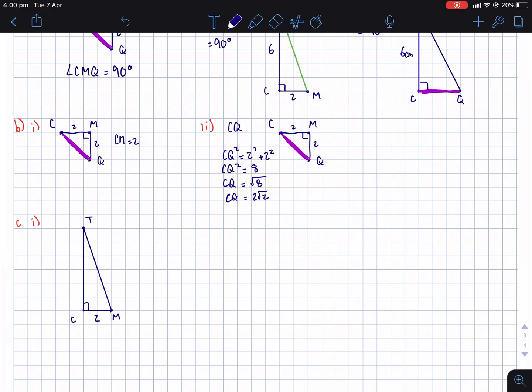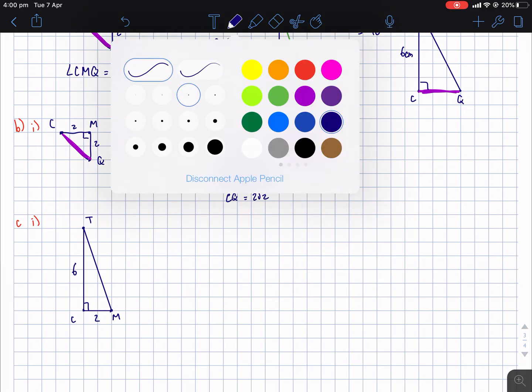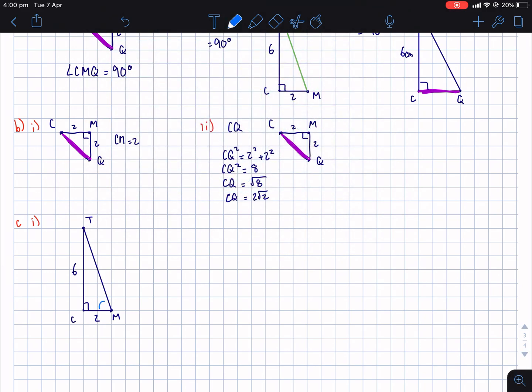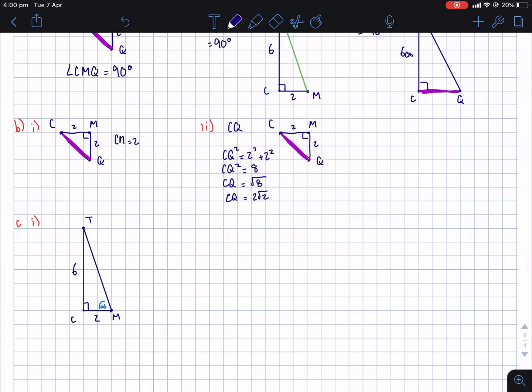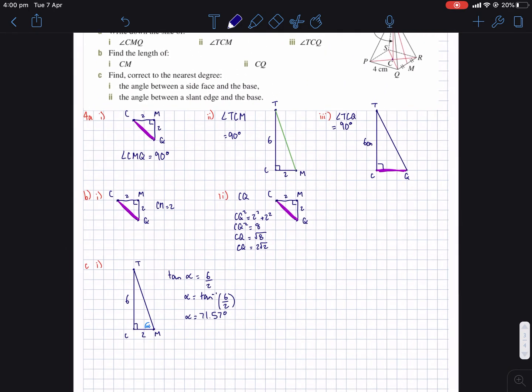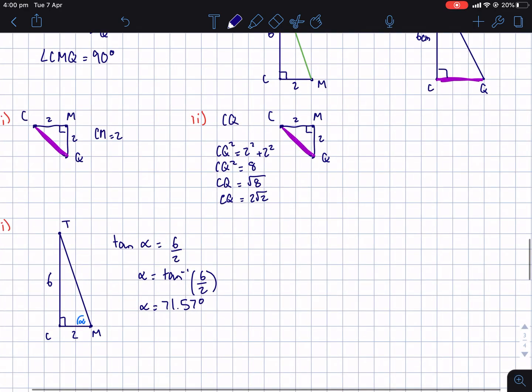CM was 2, TC was 6, and we want this angle in here, calling it alpha to be fancy. So we know the opposite and adjacent, so tan alpha equals 6 over 2. So alpha equals arctan 6 over 2, so alpha equals 71.57 degrees. To the nearest degree, round up, 72 degrees.